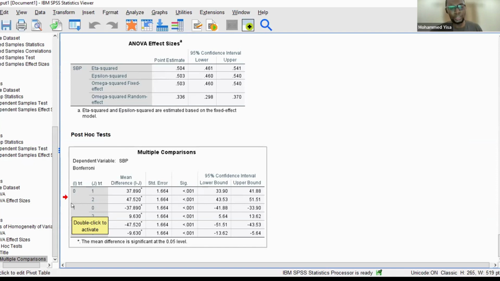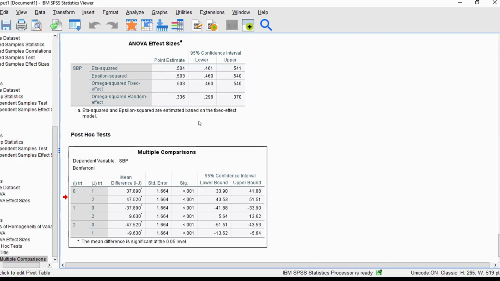If you subtract old treatment from placebo, you are going to get the same numerical value, but the sign will change, because the BP for placebo people who are not taking any medicine is higher than the BP for the treatment group one, old treatment and new treatment. Does it make sense? Yes, it does. All right. So that's the reason why the sign is negative here. Thank you. Thank you, sir.